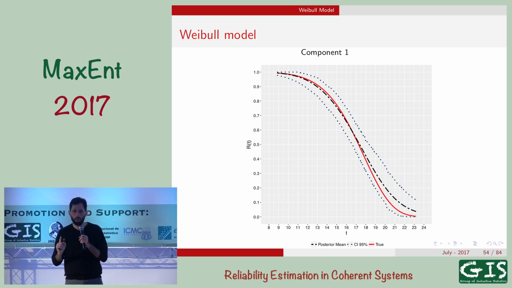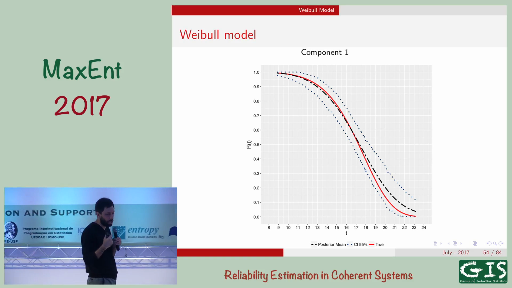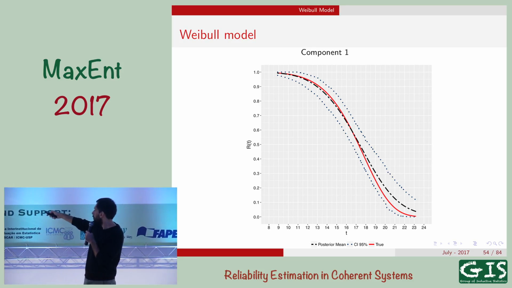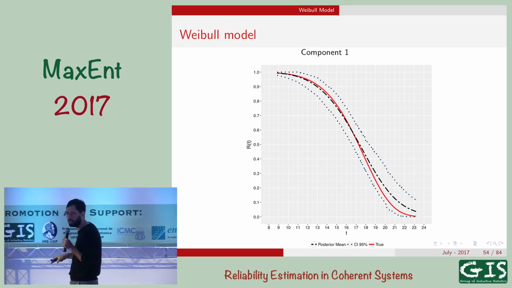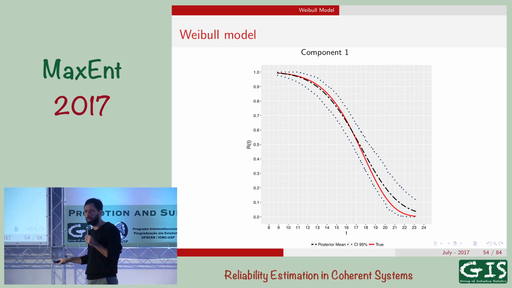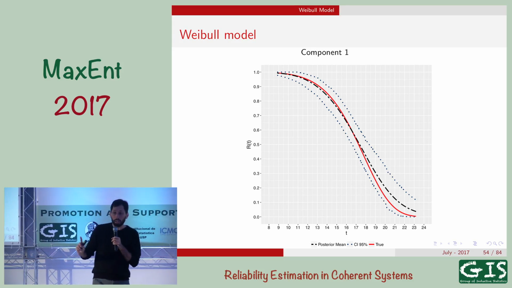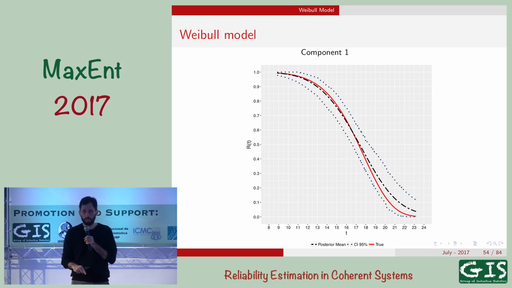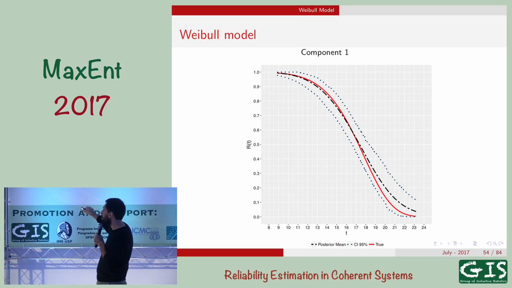I should say one thing there: we don't have this band of credible set. So we are not able to do this yet for the non-parametric estimator. But here in the parametric one, it's quite easy to do point by point.